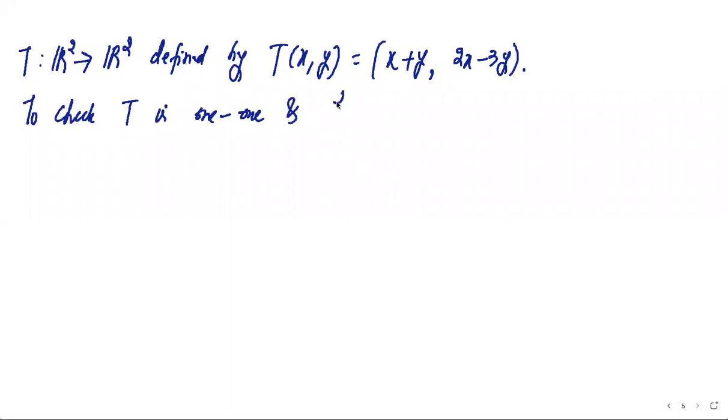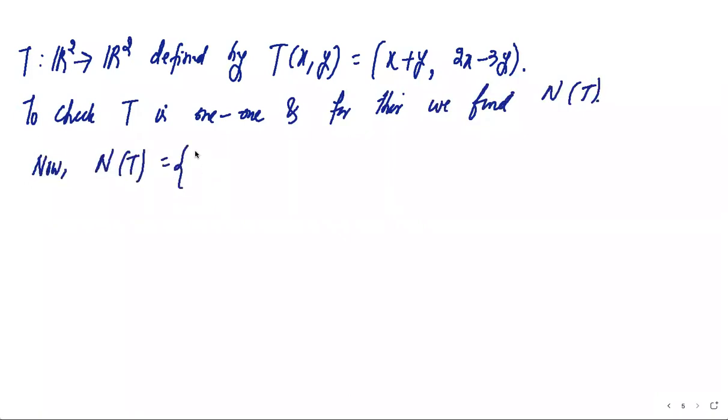And for this we find the null space of T. So now by definition we have n of T, it is a set of vectors X belonging to, हम इस तरह से लिखेंगे, because now here we have the domain as R square, so it's a set of elements, suppose something like (a, b) belonging to R square, such that T of (a, b) equal to (0, 0).